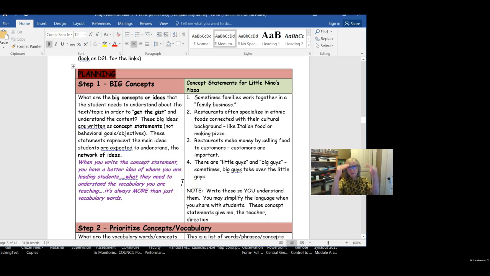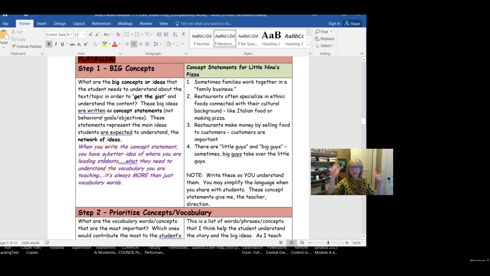So as we move down my notes, I do give you an example of using this process for planning instruction. And you can see, again, this is with the book Little Nino's Pizza.